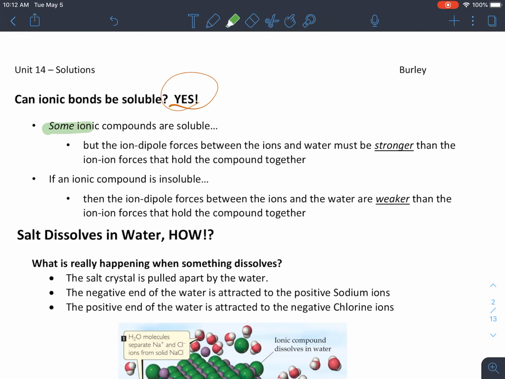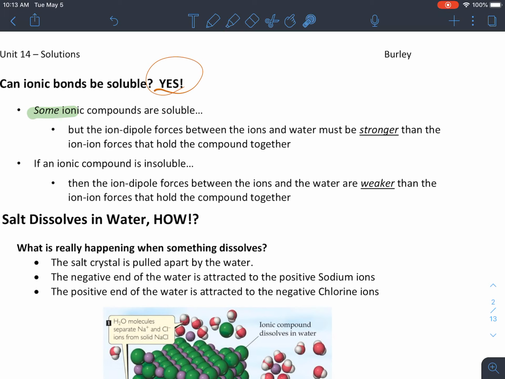So it says here some ionic compounds are soluble, but the ion dipole forces between the ions and water must be stronger than the ion-to-ion forces that hold the compound together. Okay, so the ion dipole forces must be stronger than the ion-to-ion forces.